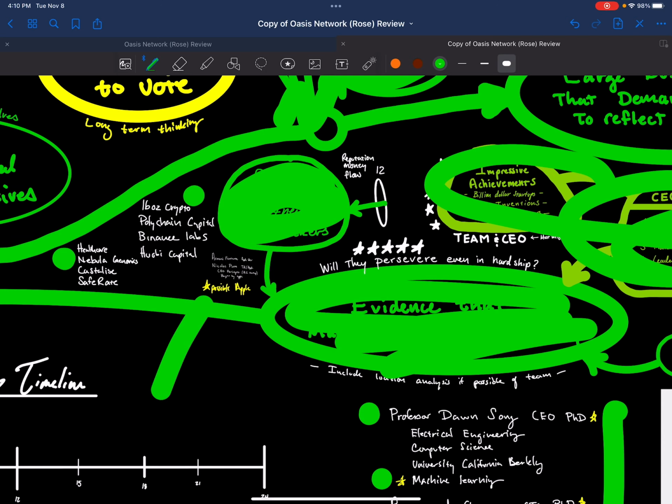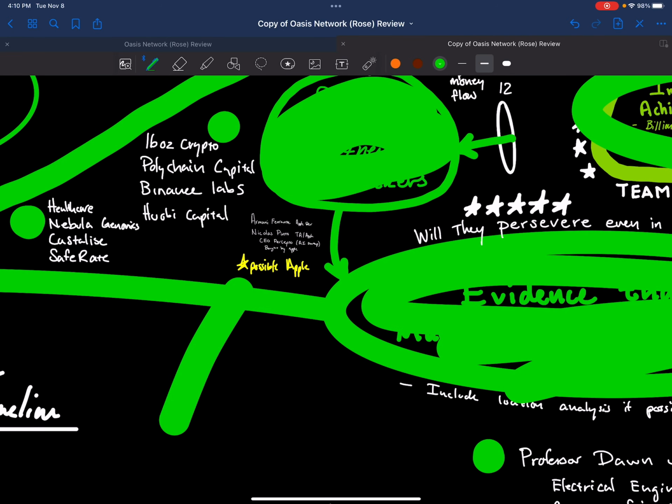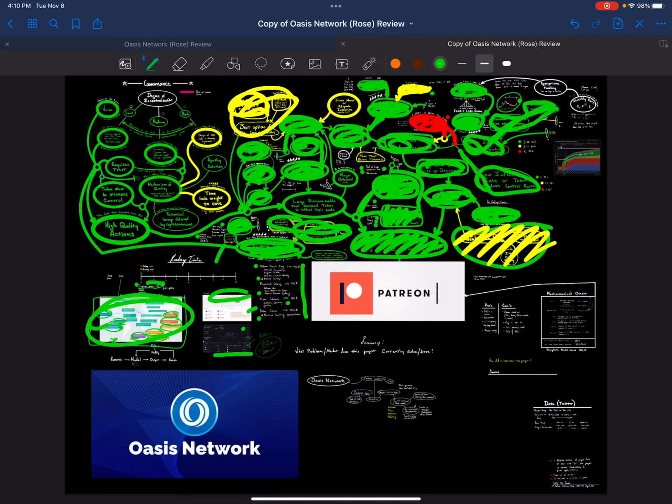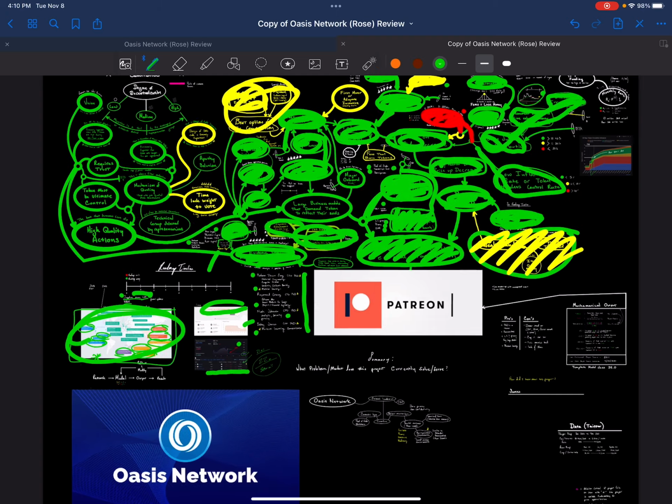They do have people who have a background, like Apple developers and Nicholas Pinto. These are people who have relationships to AI startups in Apple. So there is a rumor that this project could potentially have an Apple partnership in the future. That could make this thing a high performer if that rumor turns out to be true.